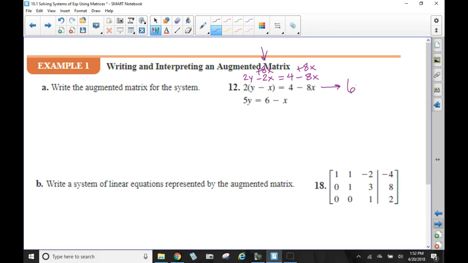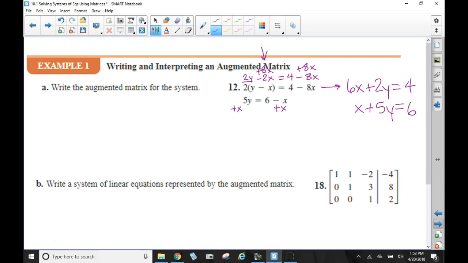So this will be 8x minus 2x, which is 6x. Now let's write the plus 2y term equals 4. And on the second equation, all we need to do is add x to both sides to get it in standard form. So when we add x to both sides, we'll have x plus 5y equals 6.